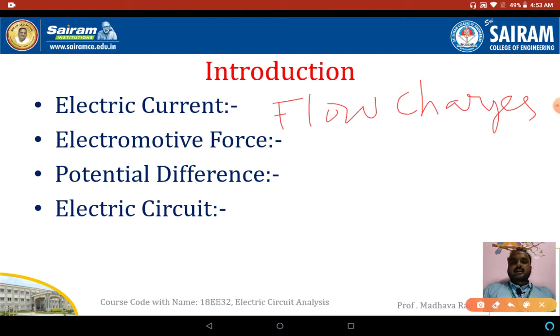Electrons are negatively charged particles and their flow in a conductor results in electric current.